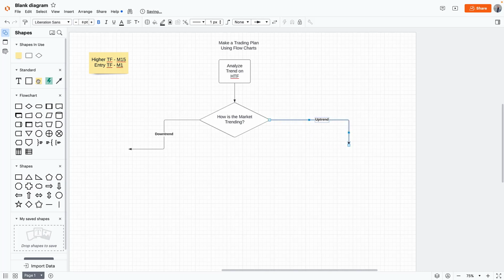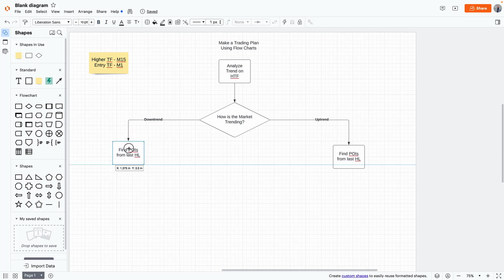If it's in an uptrend, find POIs from last higher low. And I'm going to copy this just to save time, in essence. And I'm going to connect this into this. All right, and then I've got to make these things equilibrium because sometimes OCD. We're going to find POIs from last lower high.